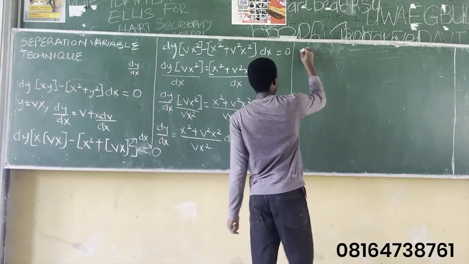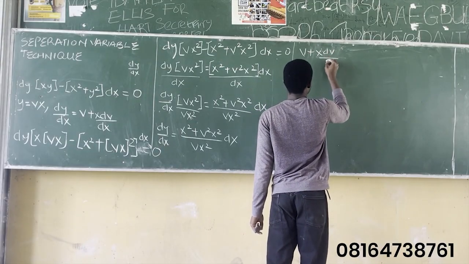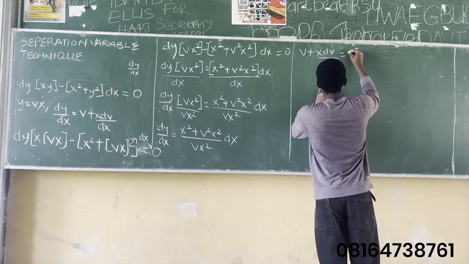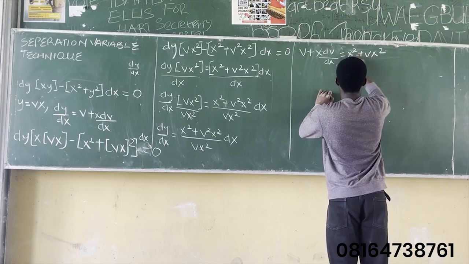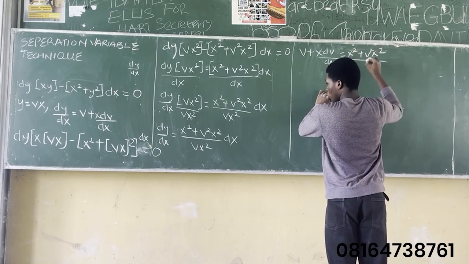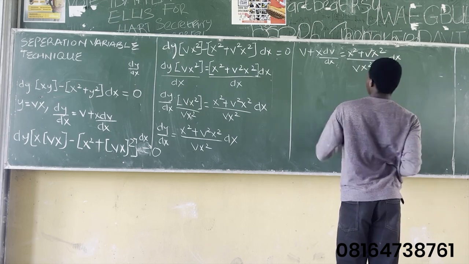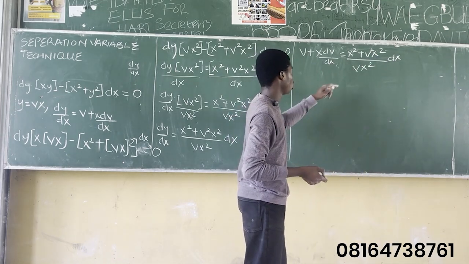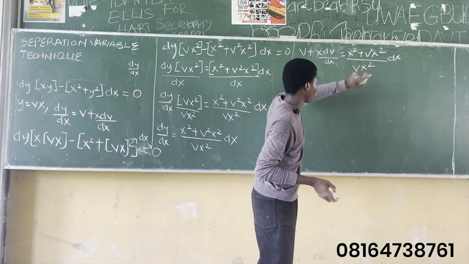So we have v plus x dv over dx is equal to x squared plus v squared, over vx squared, dx. So now, as I said earlier, in the process of simplification, we can observe that x squared is common here, also common here, and also common here.